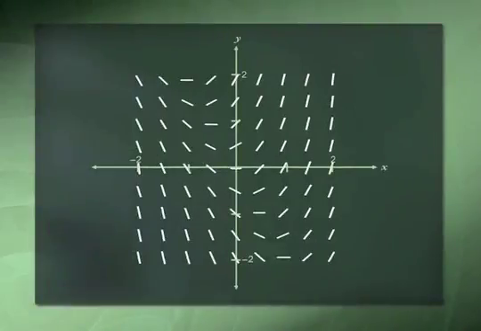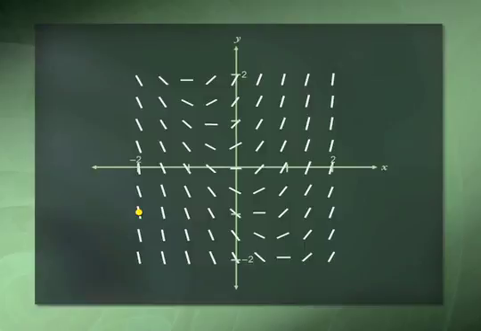Well, I've used a computer here, and you see a slope field. This is a slope field. Your graphing calculator can do this. Let's check that result I just got. I said that at minus 2, minus 1, the slope was minus 5. In this graph, we're going from minus 2 to 2, and from minus 2 to 2 in the y direction.